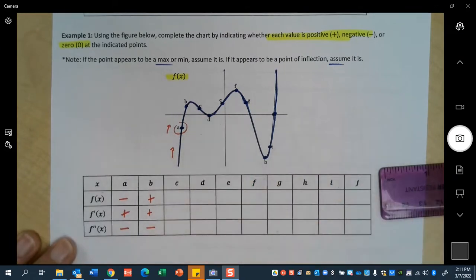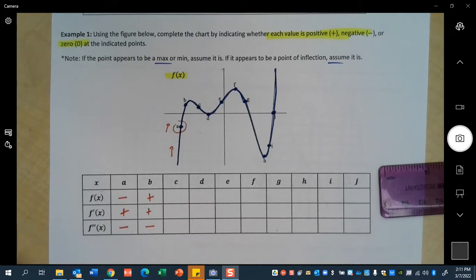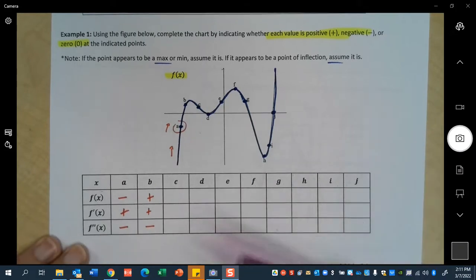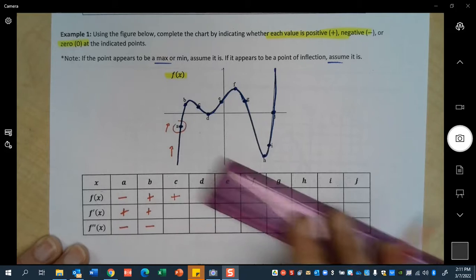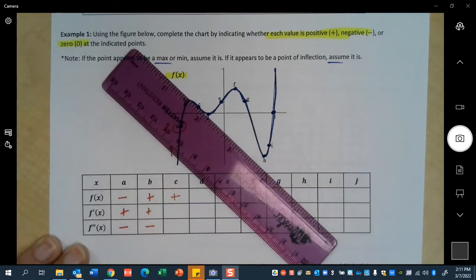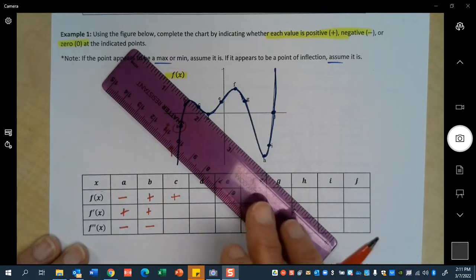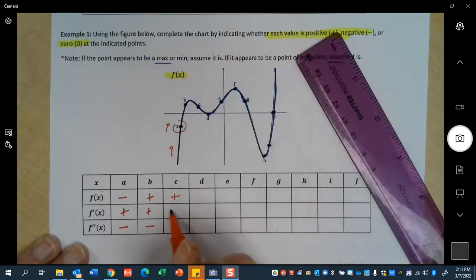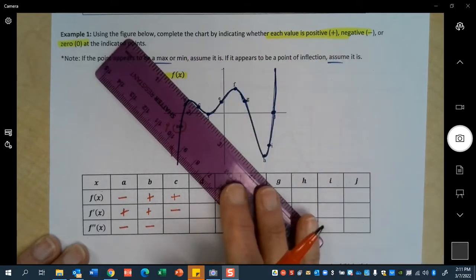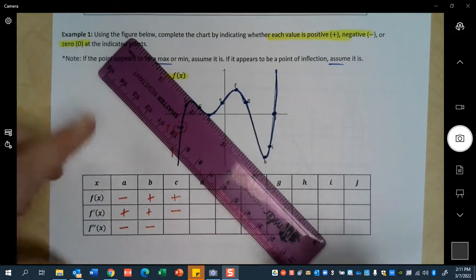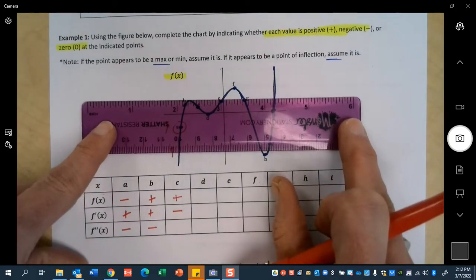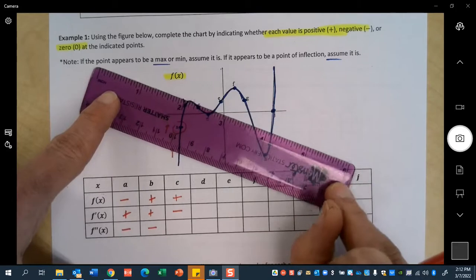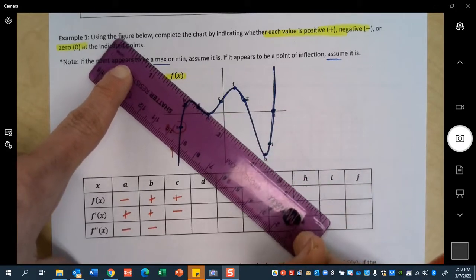Let's talk about C. Is my original function positive or negative? My output is positive. Is the slope of my tangent line positive or negative? It's negative. Now we have to ask ourselves, what's happening to the slope of the tangent line? Here it was 0, and here it's getting more and more negative.